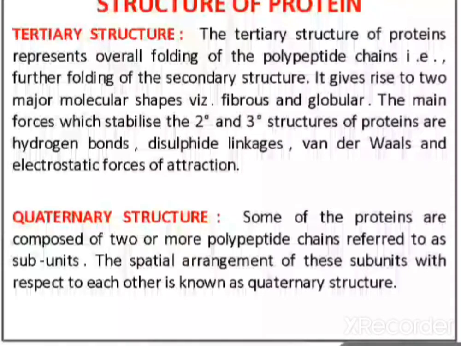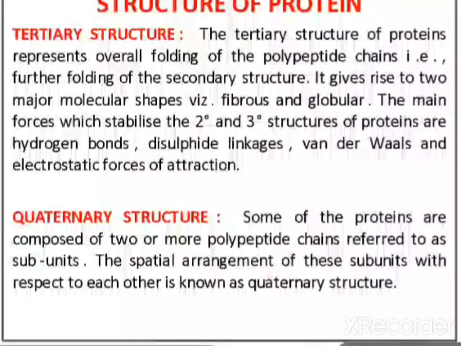For example, hemoglobin has two types of polypeptide chains, a total of 4 polypeptide chains. If 4 polypeptide chains are there, then definitely the structure will be much more complicated.